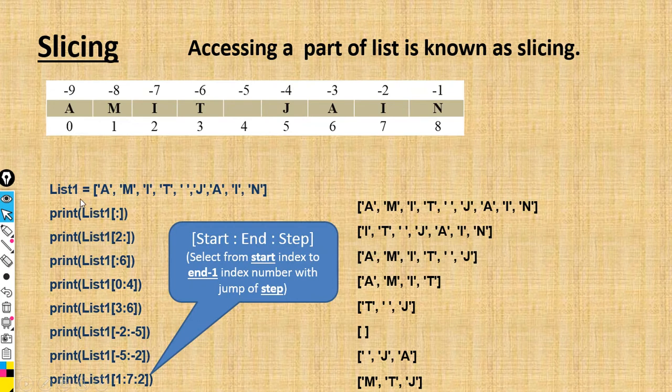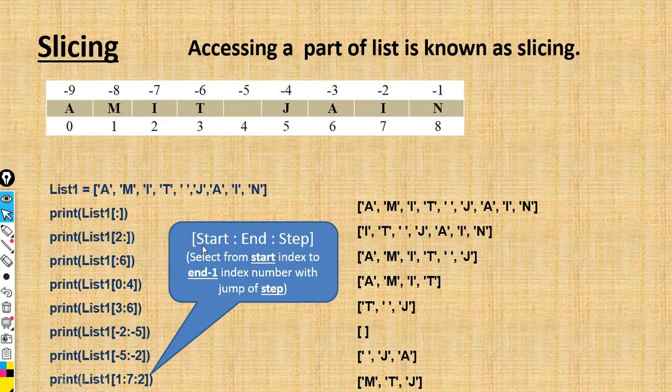Before going to slicing, let's see the attributes we have to use to slice the list. There are three attributes: start, end, and step.